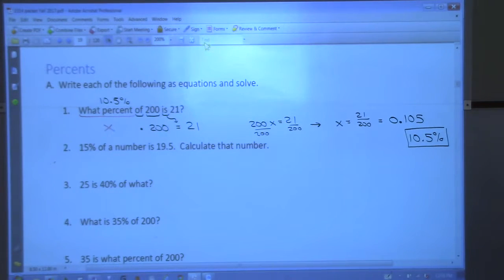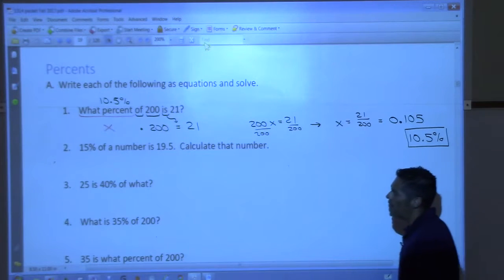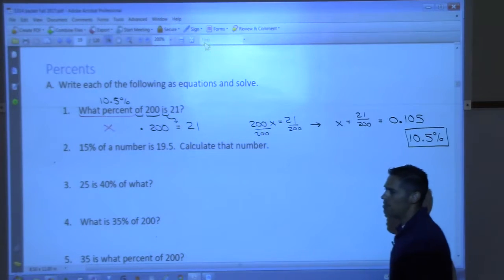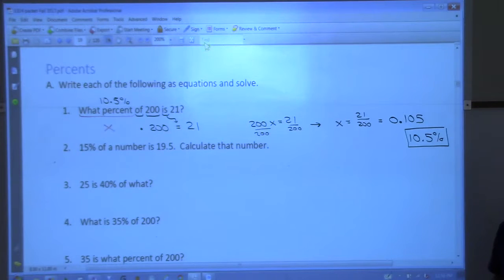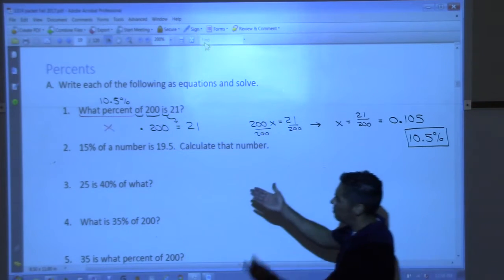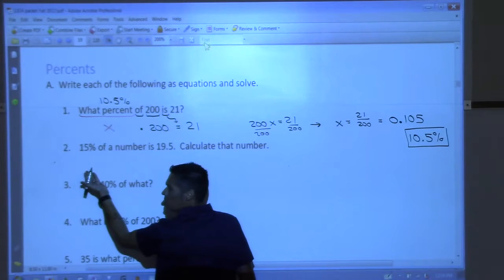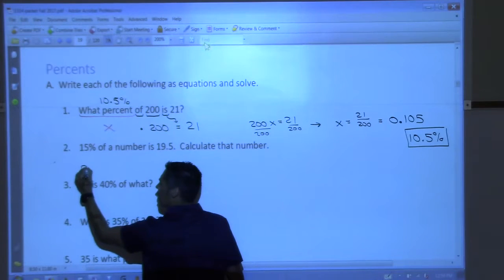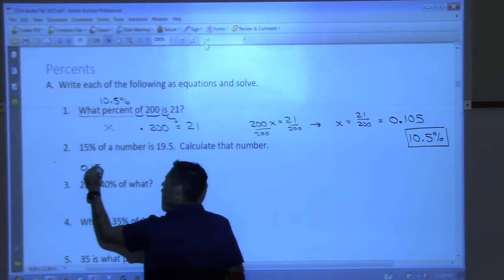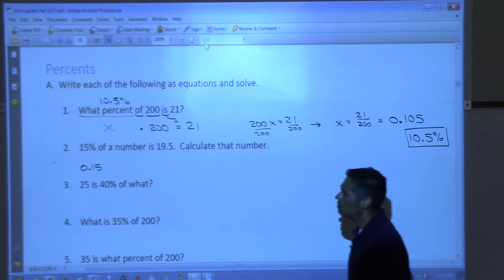Help me out here on this next one. 15% of a number is 19.5. What should I do if I'm going to translate this into an equation? Should I leave the 15% or change it? Let's change it to a decimal, 0.15.